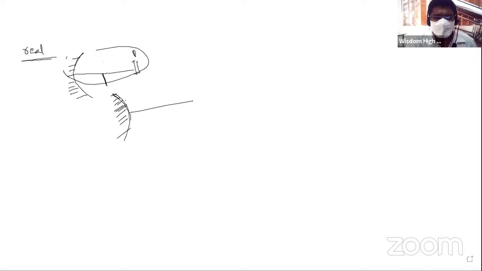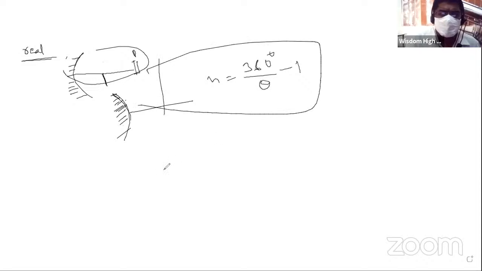Next, concentrate here. For the number of images formed, the formula is n equals 360 degrees by theta, minus 1. For example, two plane mirrors are placed like this.